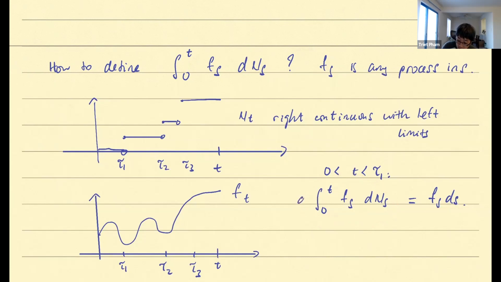Maybe you have in mind something like this, but I'm not asking for the differential of this integral. Does that make sense? I'm not asking for how this integral changes. I'm asking for the value of this integral. When I add the function with the change of the Poisson process for up to any time before tau 1, what is the value? So f ds is not the answer. It's not the appropriate answer.